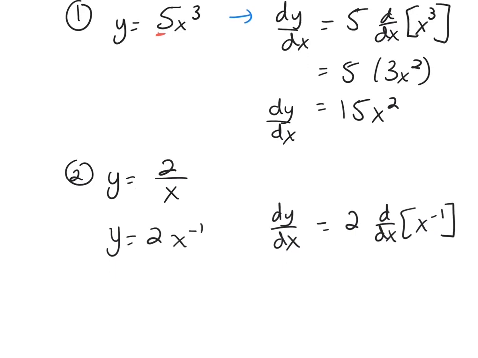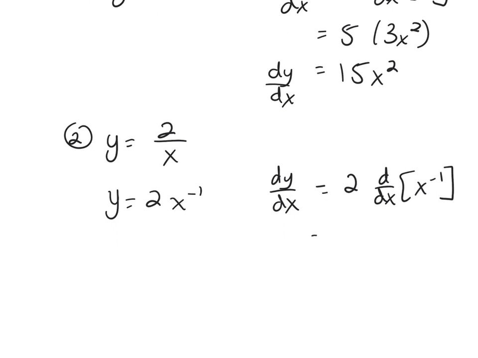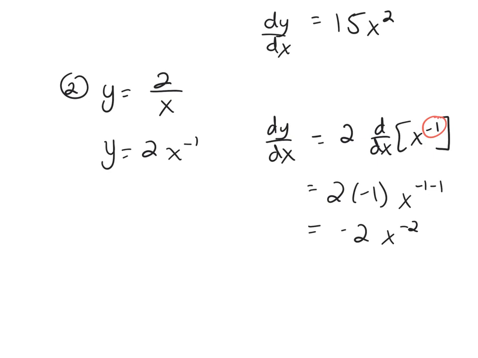I'm going to use our power rule here. Bring your negative 1 down in front, your power down in front, and then you're going to subtract 1. So I'm getting negative 2x to the negative second, which you can leave like that, or you can move it to the denominator as an x squared. And that would be my derivative.